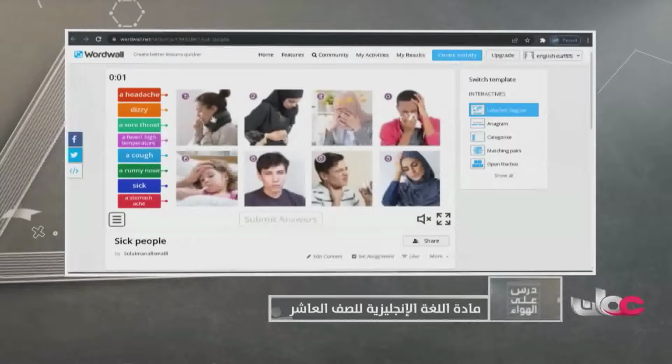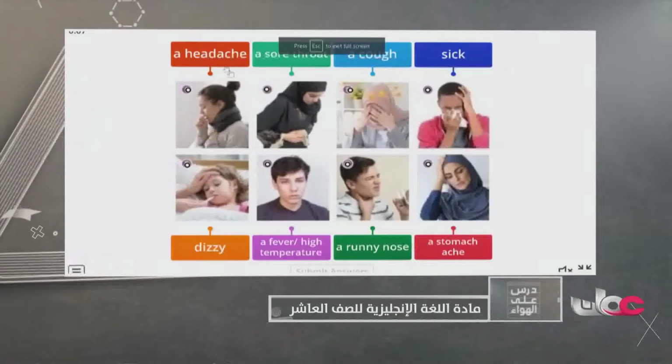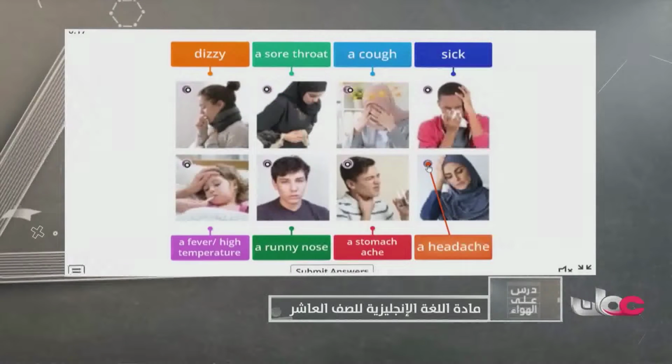And let's label. Now look at the first one, which is headache. Now who is suffering from headache? Let's see. So this lady is putting her hand on her head. So I think she is suffering from headache. Now, who is dizzy?